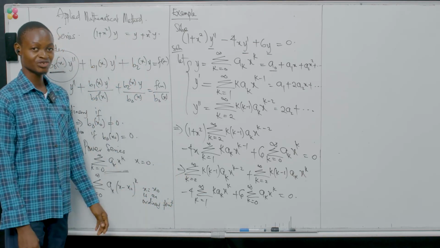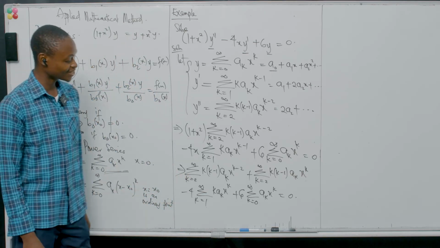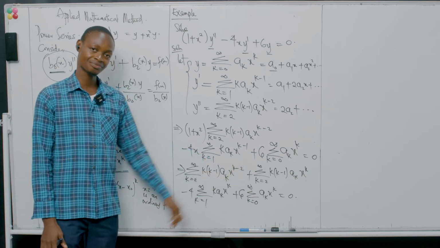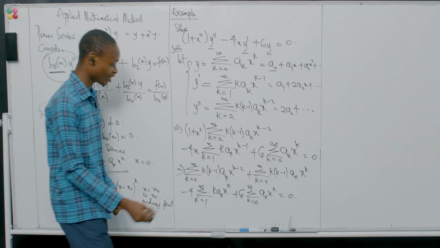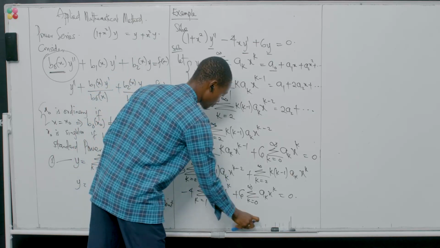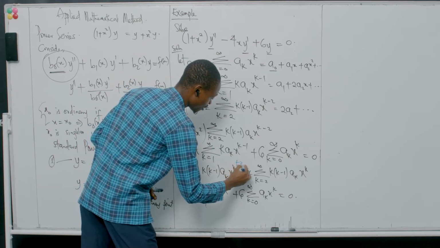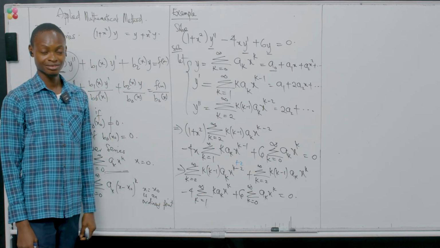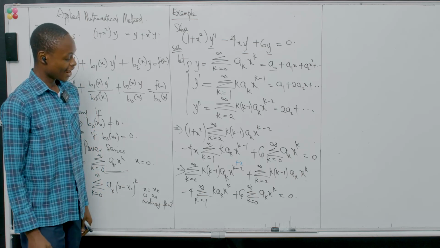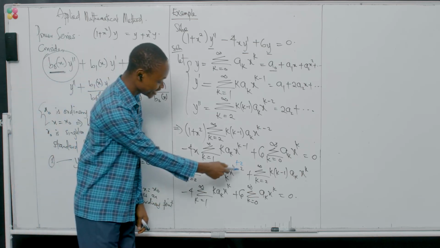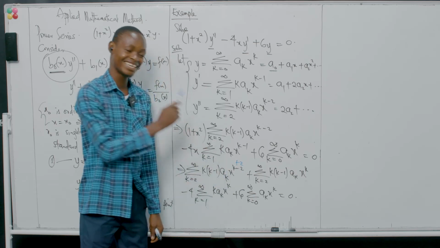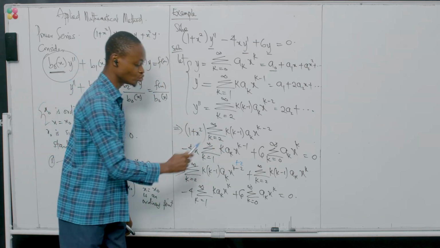The question you ask yourself is, if you need the counter here to become k, what do you do? It means that you have to add 2 to it. That's what you are doing. Now, everywhere in this function where you see k, add 2 to it.